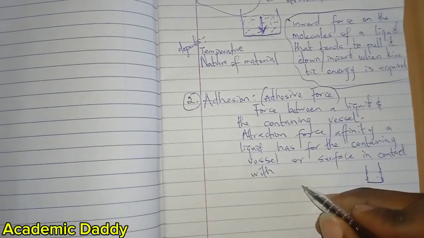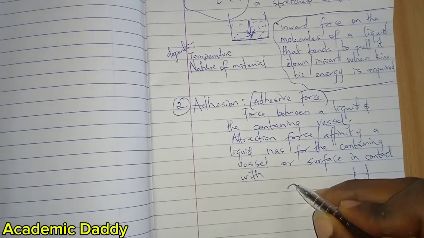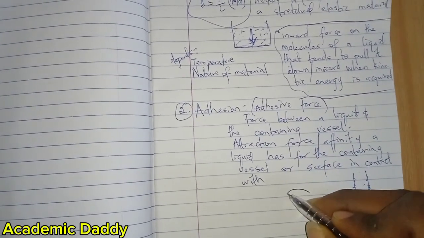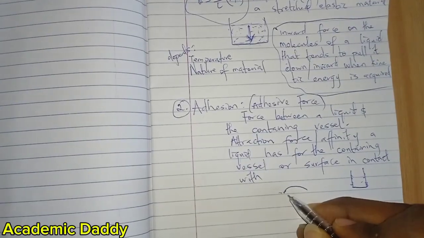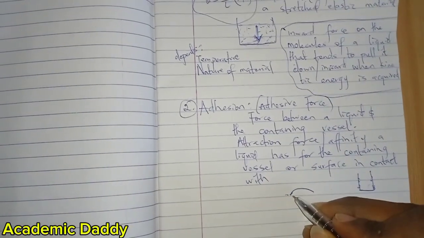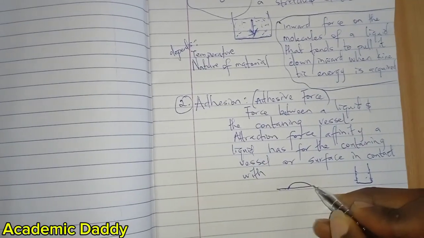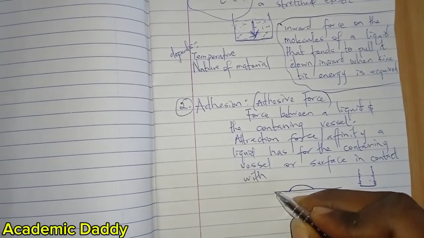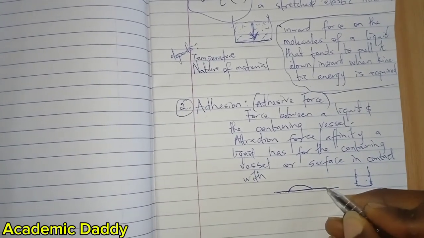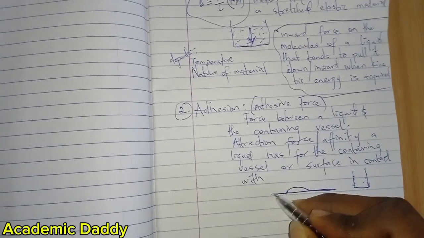So if I know this, we normally say whenever this is the result of, if I have a drop of water land on a flat surface. Let's say this is the flat surface.